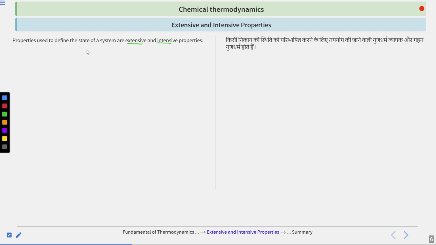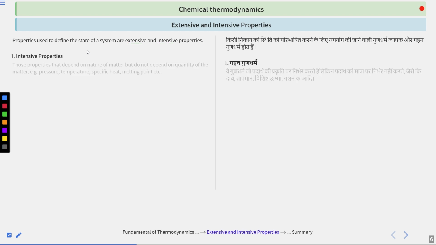Now, what are intensive properties? Intensive properties are those which do not depend upon the amount of matter. Suppose you have a volume of gas. Now you divide that volume into two parts, such that the volume becomes half. Clear?